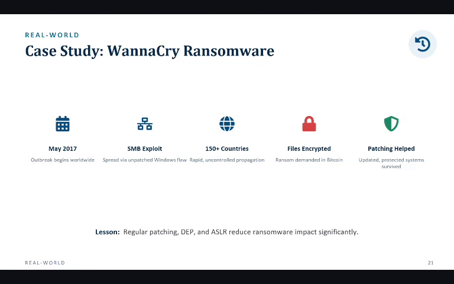Here's the critical takeaway. Systems that had been kept up to date with patches and modern protections like DEP and ASLR active were significantly more resistant to the exploit that WannaCry relied on. The lesson is clear. Regular patching combined with these OS level defenses meaningfully reduces real world ransomware impact.